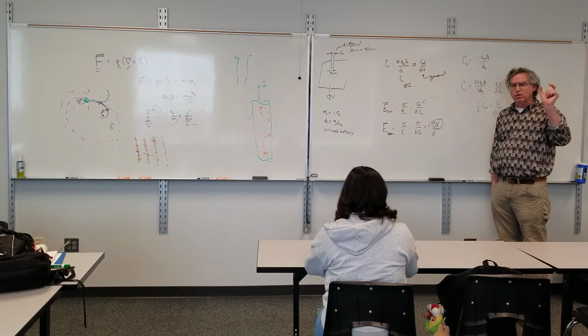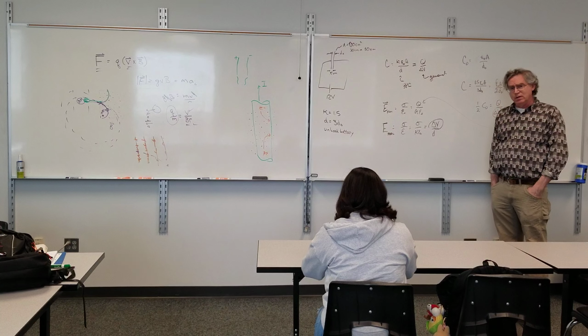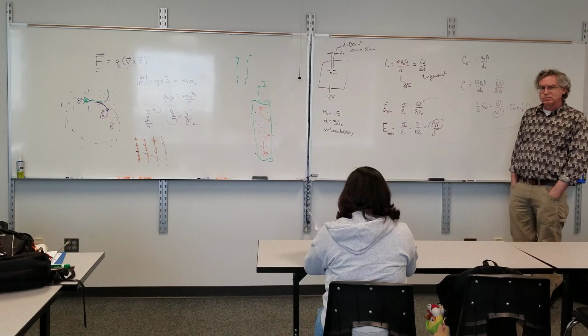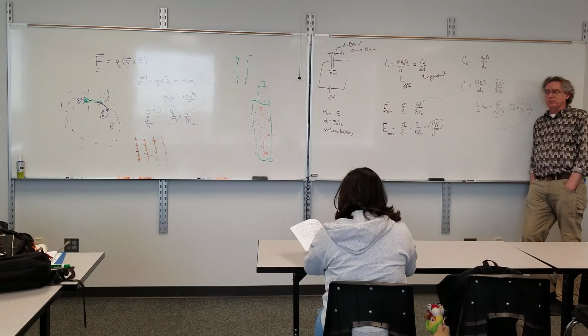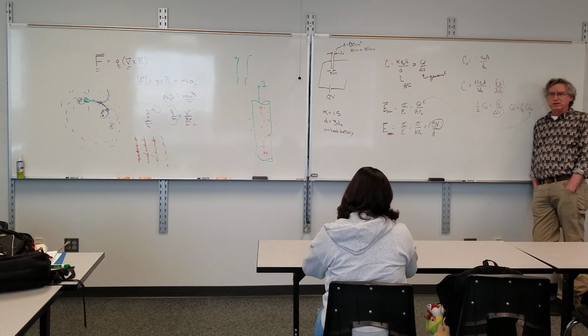We really can't know what voltage is at any particular point. So when you have a 12-volt battery, all you know is the difference in the potential between the positive and negative leads is 12. You have no idea what the potential is at any particular point.